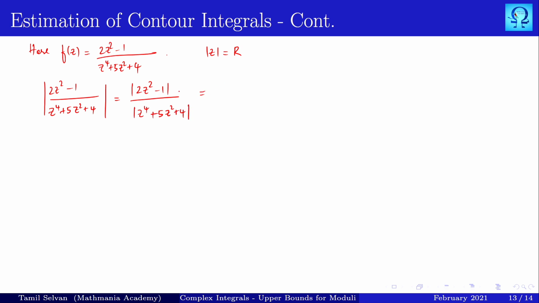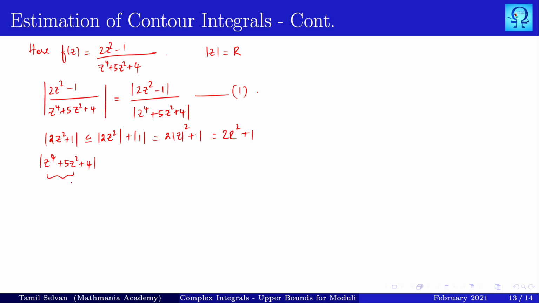Let us mark this as equation 1. The absolute value of 2z squared plus 1 may be written as absolute of 2z squared plus absolute of 1. This is 2 times absolute of z squared plus simply 1, and this value is 2r squared plus 1. Now let us estimate this quantity, z to the power 4 plus 5z squared plus 4, which is the same thing. Treat this as a single quantity, or you may have this as one quantity and this as the other quantity.